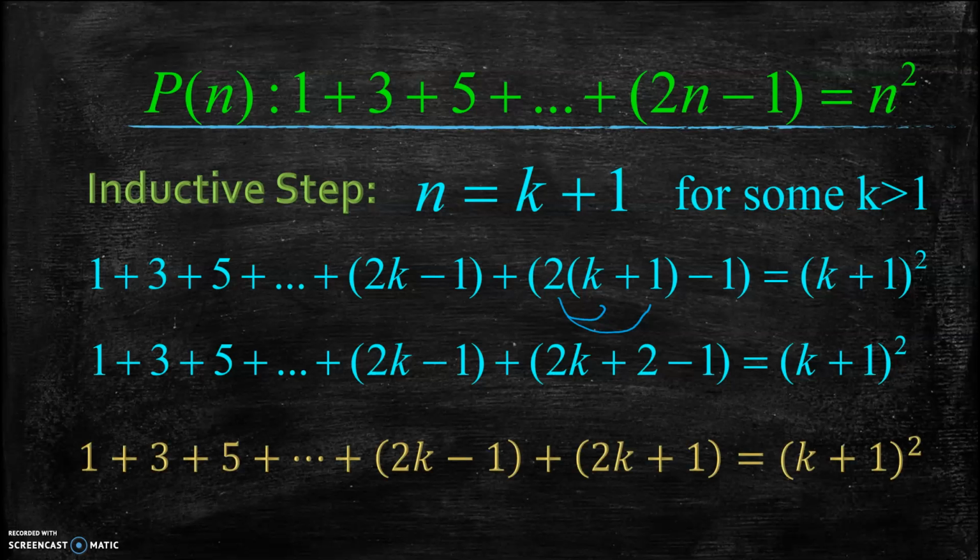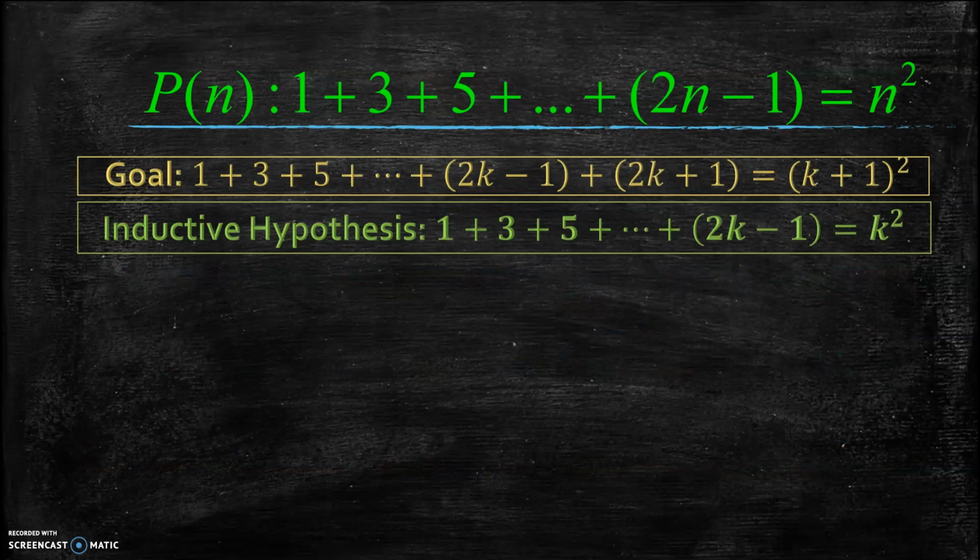If we continue to simplify, we reach what will be our goal, which is that the sum of 1 plus 3 plus 5 dot dot dot plus 2k minus 1 plus 2k plus 1 equals k plus 1 squared. We will begin by proving the left-hand side of our goal in hopes to reach the right-hand side.